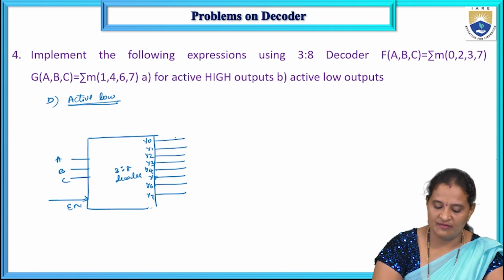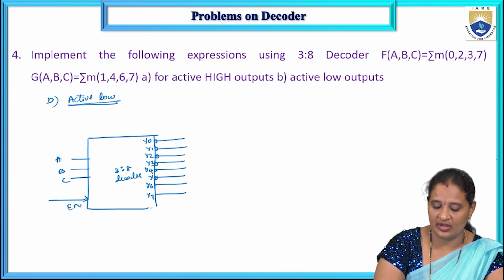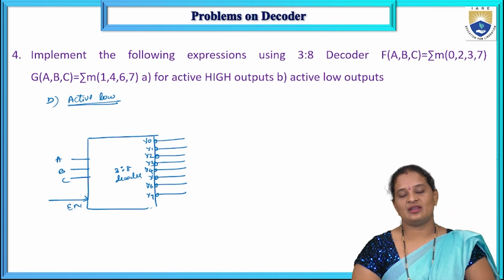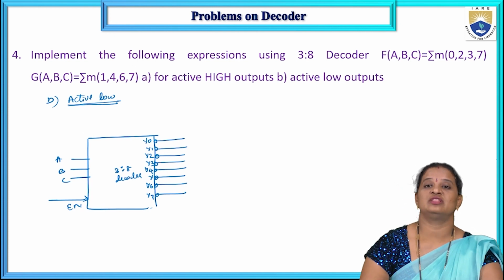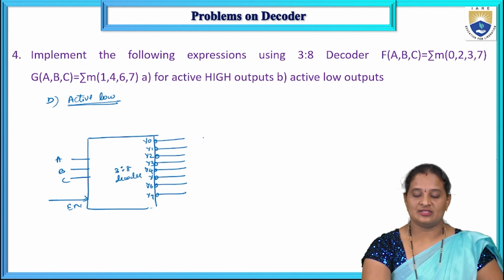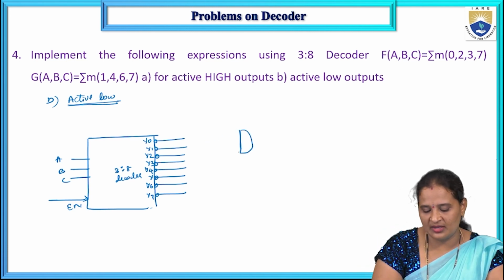Now I'm considering these as active low outputs. If it is active low, as I said, all the OR gates should be replaced with NAND gates. So now I'm taking 2 NAND gates here.